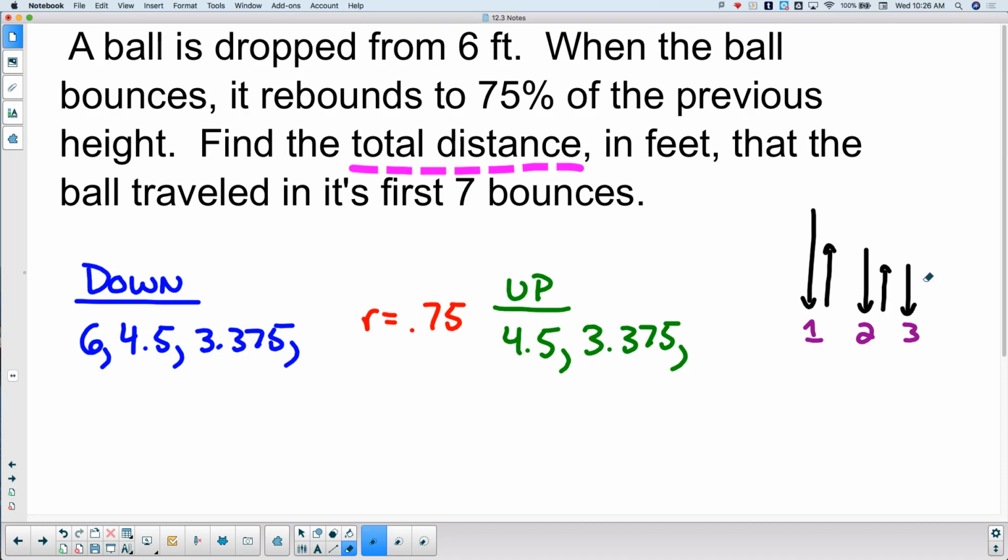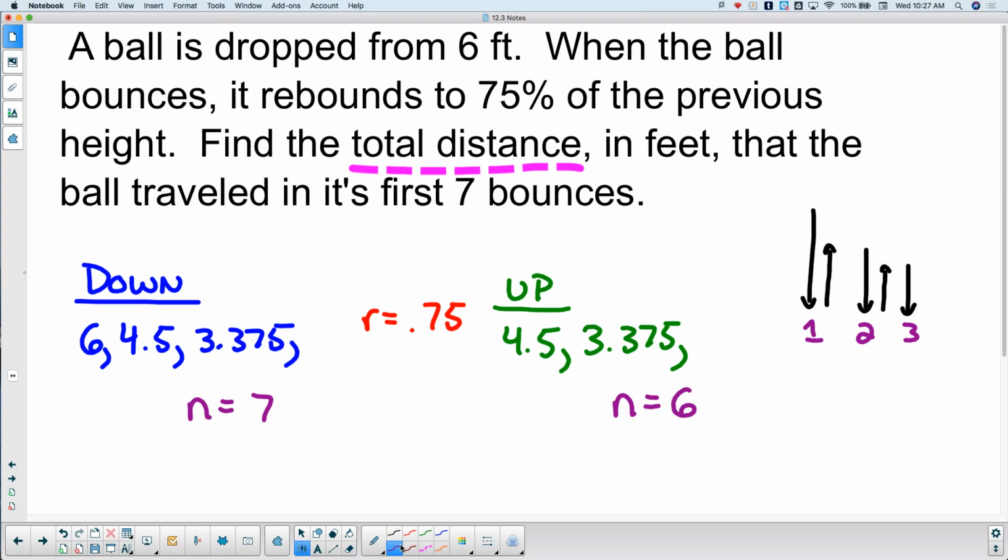So downs, to get to 7 bounces, how many downs would it be? It'd be 7, right? Ups, to get to that 7th bounce, how many? 6, because it's 1 less, right?